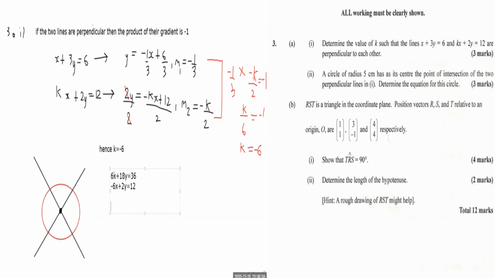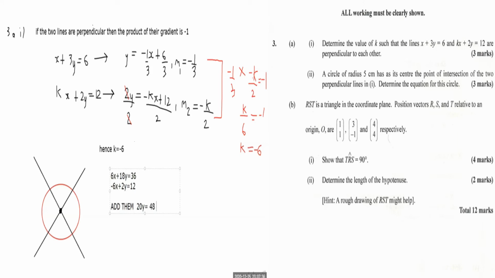Now if we add these two equations, the minus 6x and 6x are gone. Then 18y plus 2y becomes 20y, and 20y is equal to 36 plus 12, which is 48.